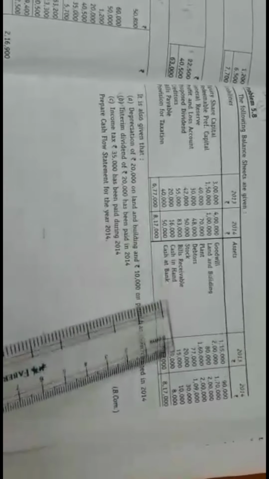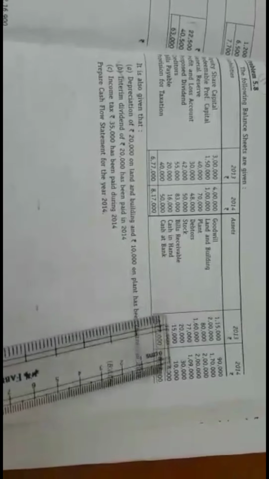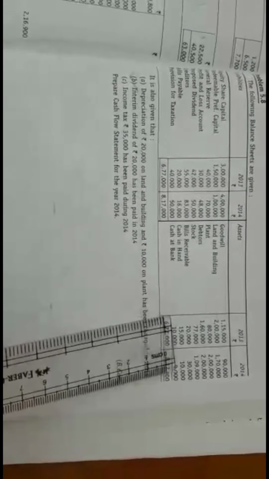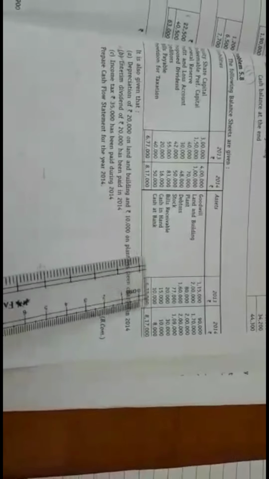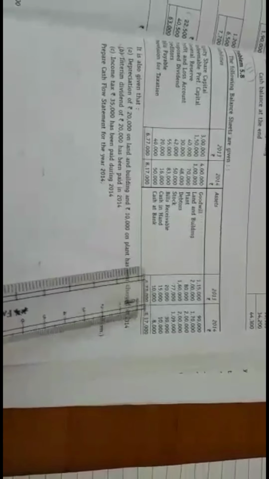So cash in hand and cash at bank, they have given you opening balance 15,000 plus 10,000. So it is 25,000. So opening balance of cash 25,000 I have added here. So the balancing figure that you get is 18,000. What is this 18,000? Closing balance of cash. That is, if you just look into the balance sheet, closing balance of cash in hand and cash at bank is 10,000 plus 8,000. So total 18,000. So with this, we'll complete the solution of the 11th problem.